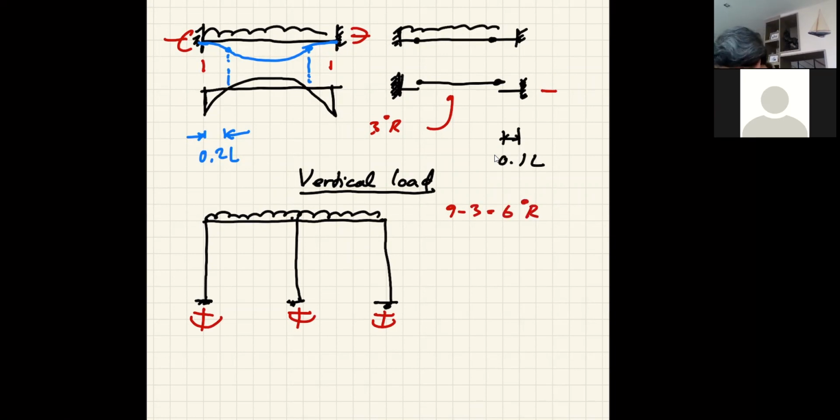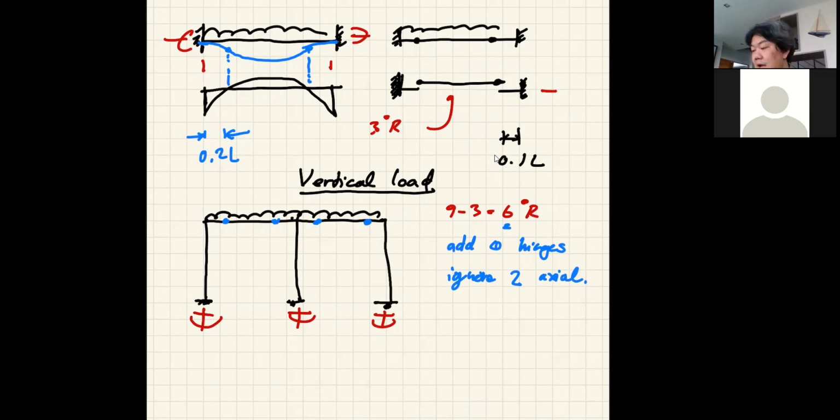Okay, now if you add 4 hinges, just like on top, you eliminate 4 redundants, and you have to ignore 2 more axial forces. You can solve this.